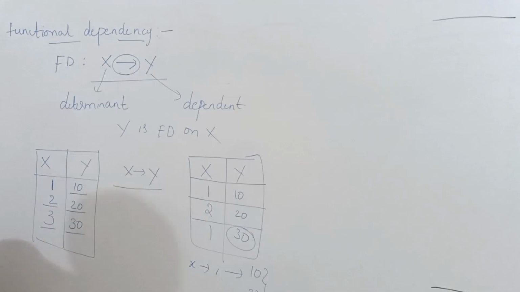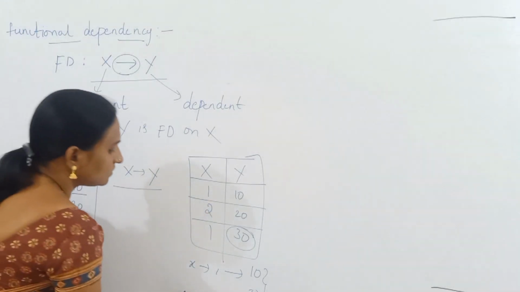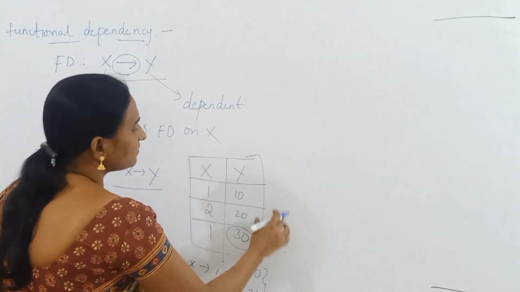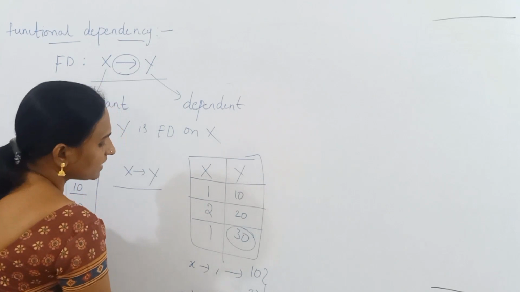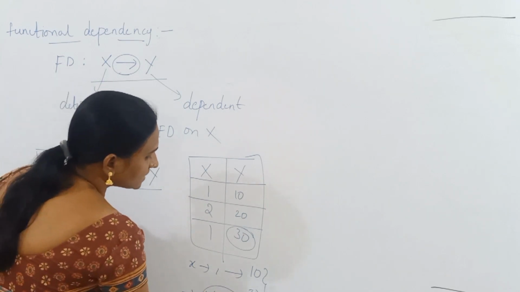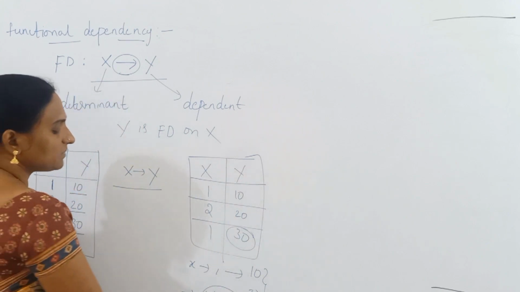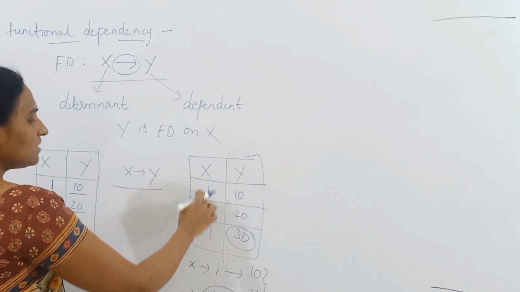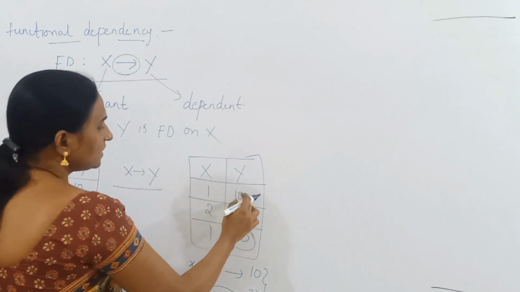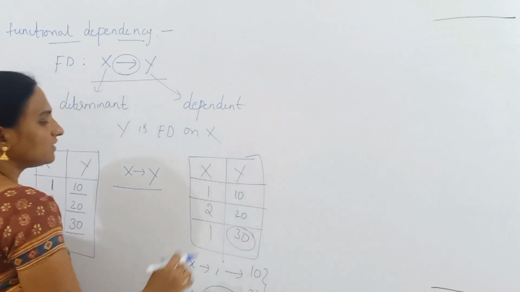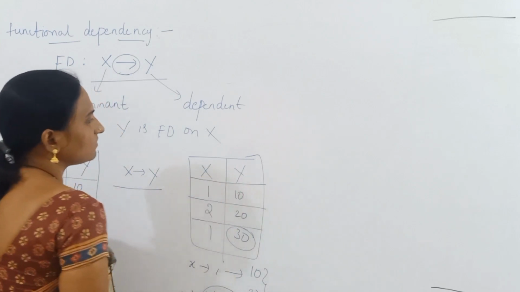So, we can say that X determines Y, this type of functional dependency does not exist. Why? Because here X values are repeated, but Y values are different. Whenever X values are repeated, the Y values should be same.